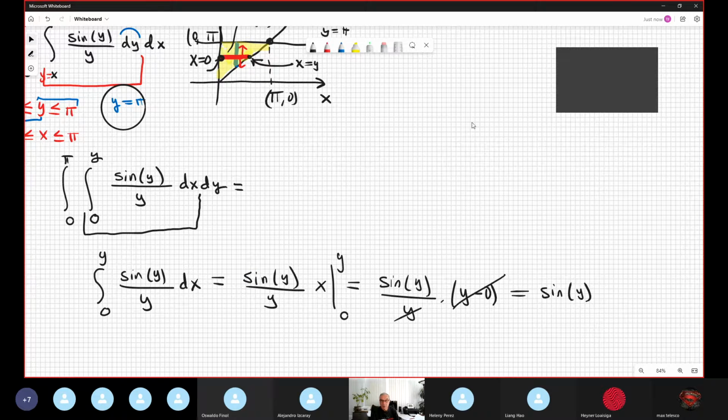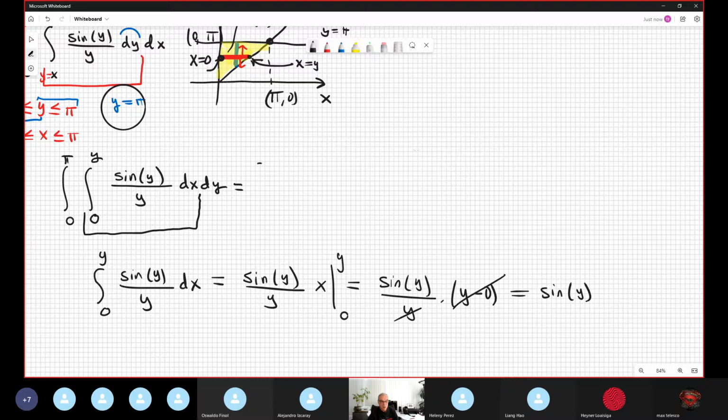Now I come back to the original. You are doing the second integral. You copy now the integrand function, sine y dy, the last part. The antiderivative of sine is minus cosine, I know that, evaluated between 0 and pi.